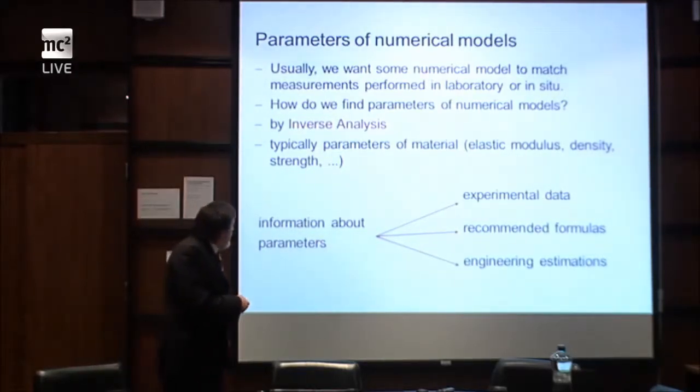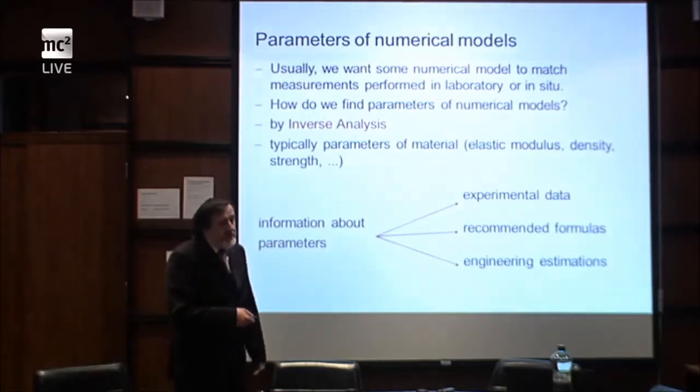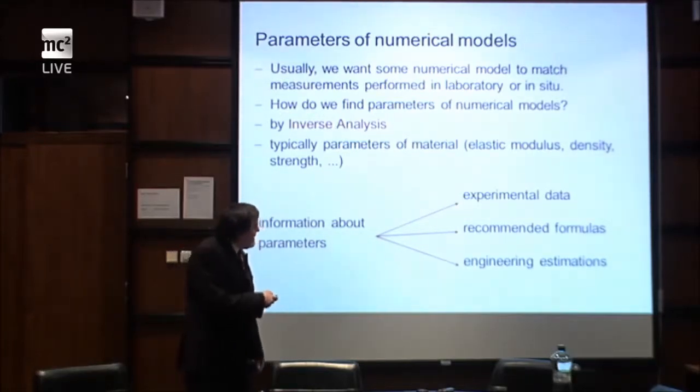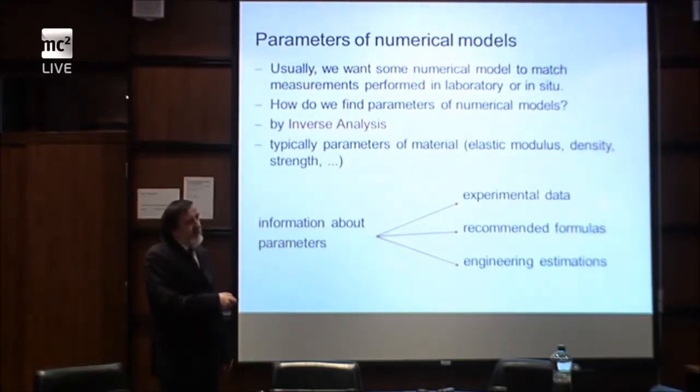And we have some information about parameters. If we have experimental data, this is very good, but usually there is a shortage of experimental data, and we calibrate the computational model. Then we have some recommended formulas, for example, from codes, etc. And last is engineering estimation.